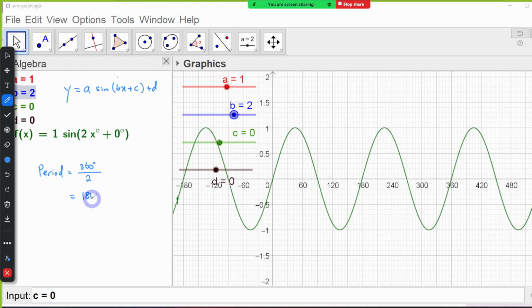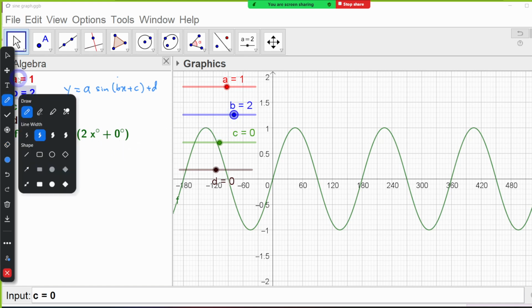You will get 180 degrees. Or if the question asks you to sketch a graph using the angle in radians, then it will be 2 pi divided by 2. So remember, the period for y equal to sine x, the parent graph, is equal to 360 degrees or 2 pi radians.